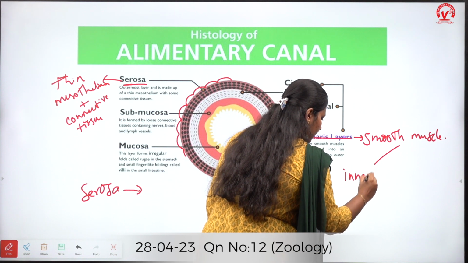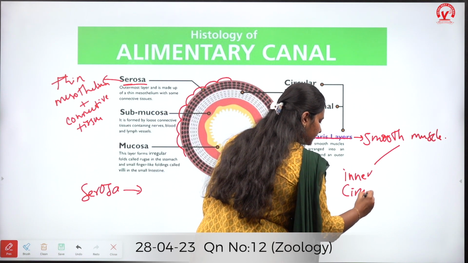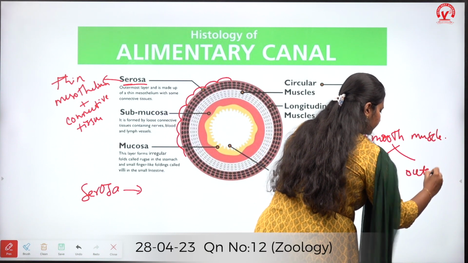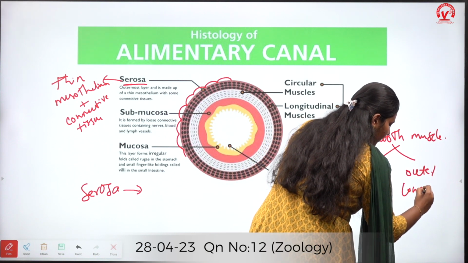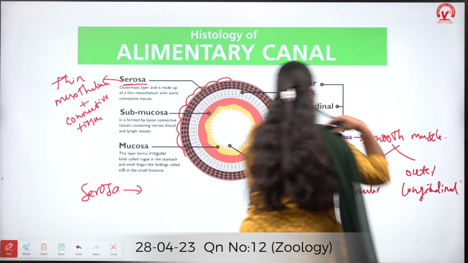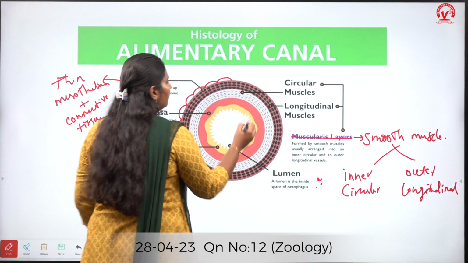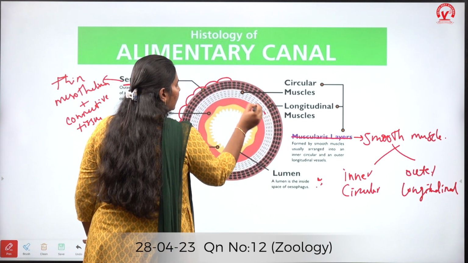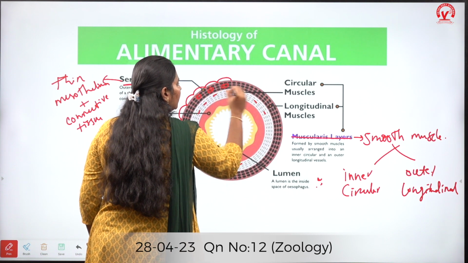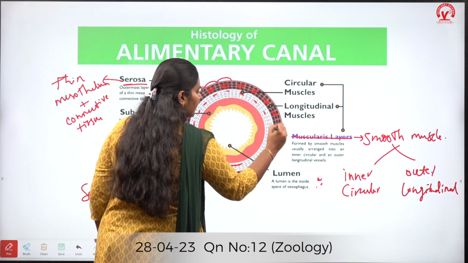inner circular muscularis and outer longitudinal muscularis. In this diagram, we see this is the inner circular muscularis and this is the outer longitudinal muscularis.